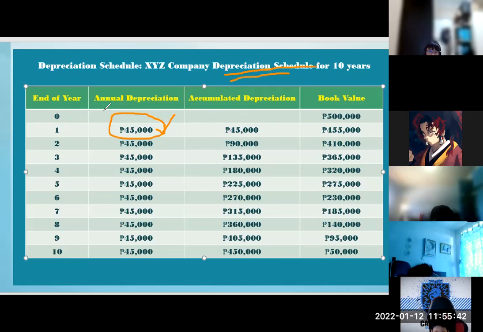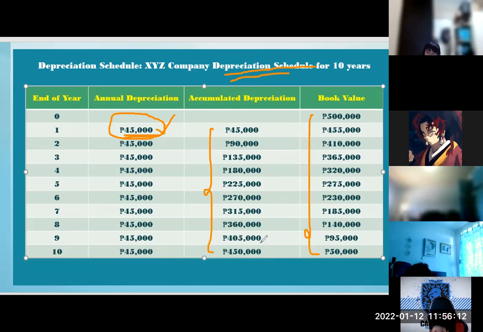You will not end up getting the correct amounts, the correct depreciation, if not for this one. Okay po? 45,000. So, the same. What Miel said earlier is also right. We just keep subtracting to get the, what?